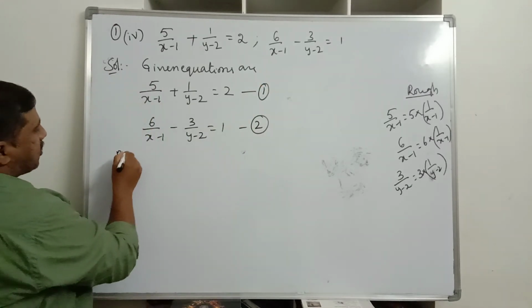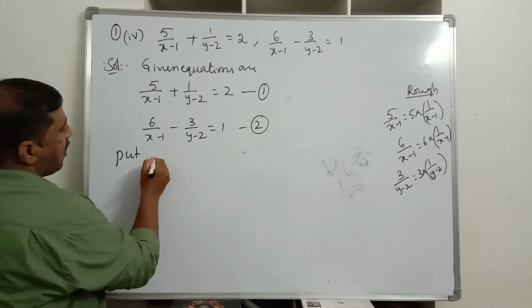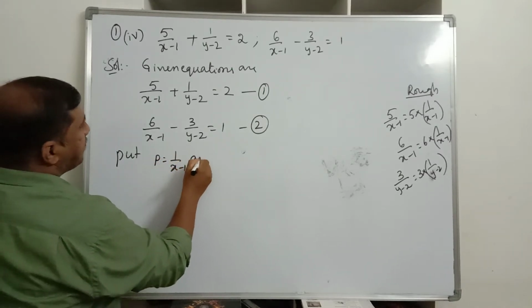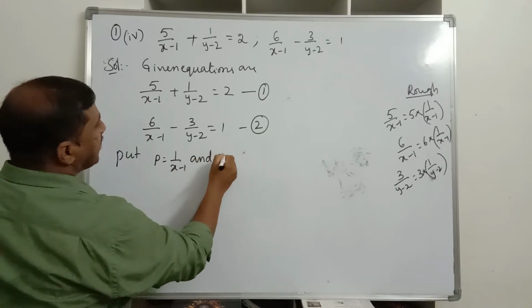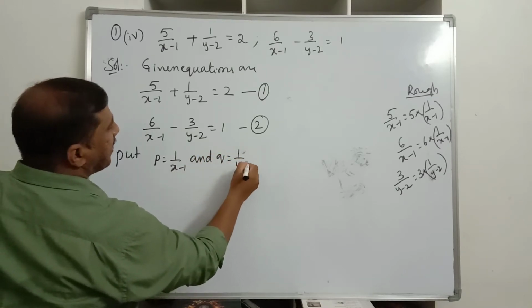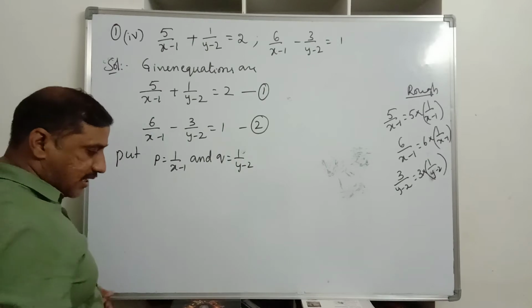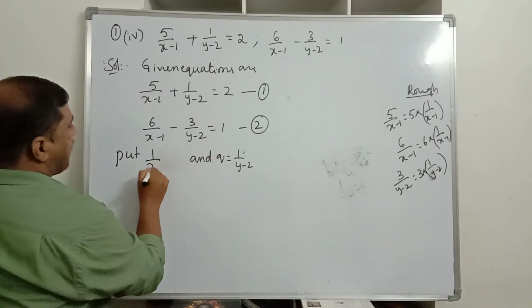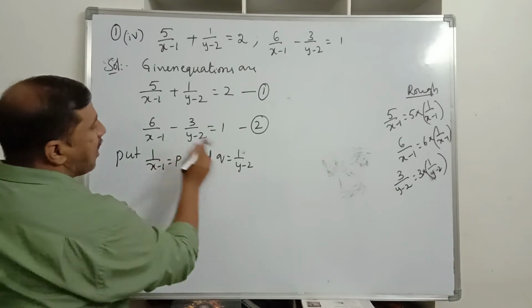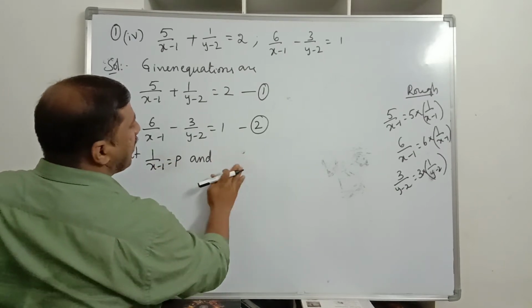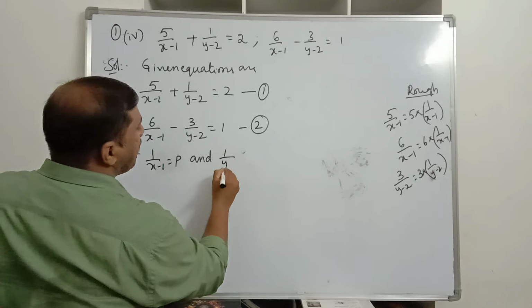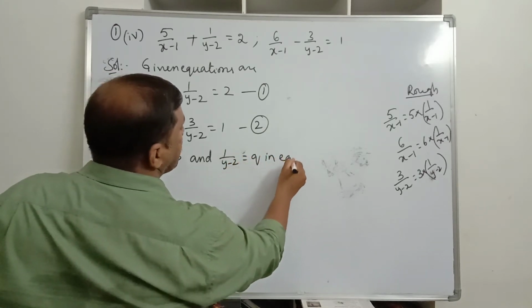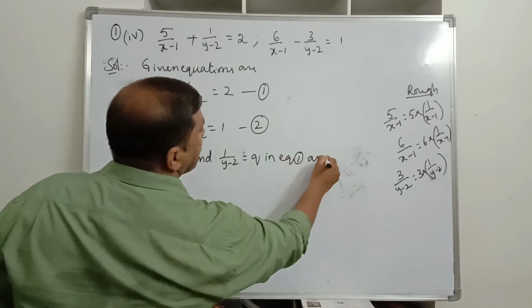Now put p is equal to 1 divided by x minus 1 and q is equal to 1 divided by y minus 2, in equation 1 and equation 2.